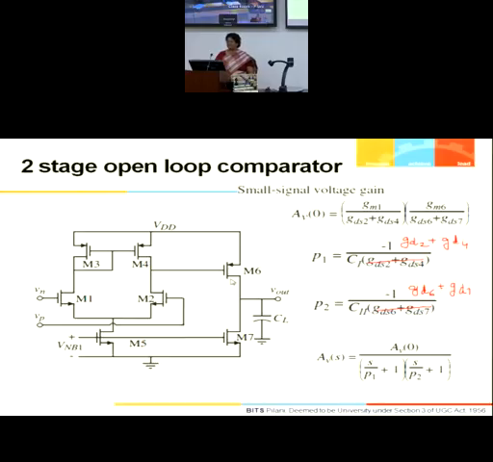When one goes to cutoff, suppose this node is very high and M6 goes to cutoff, then the total discharge will happen through I7. And if this node voltage goes very low, then M6 conducts more than the I7 current. It will conduct a very large current, more than I7.